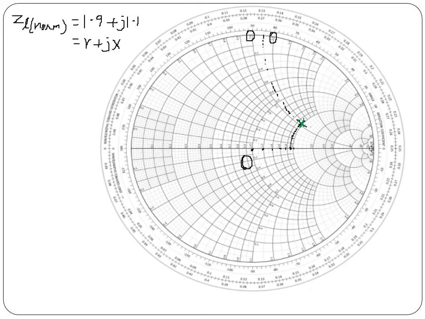Name it as A, and this is normalized ZL 1.9 plus j1.1. Now draw OA radius. With OA radius, draw the VSWR circle. So now we have marked the ZL on the Smith chart and drawn VSWR circle.